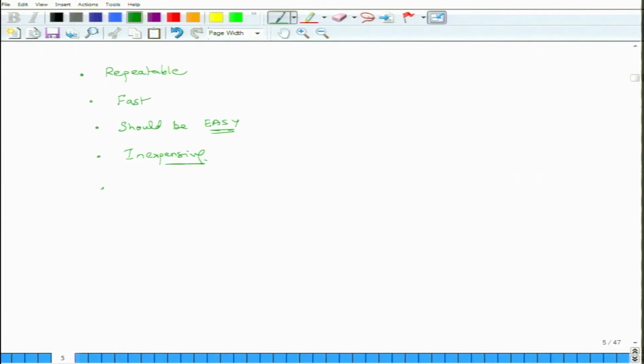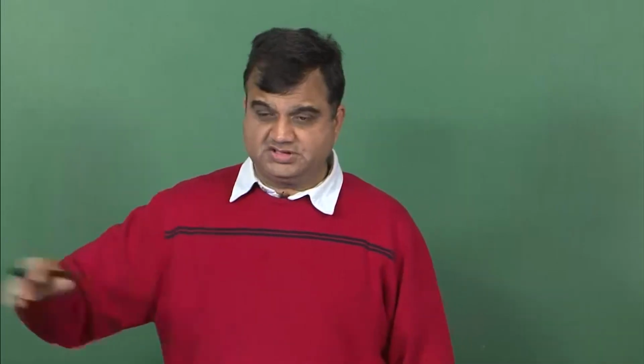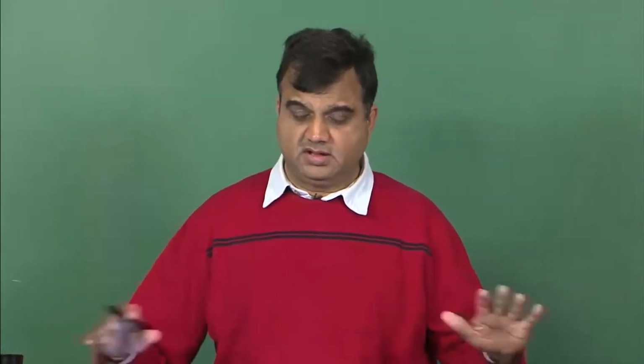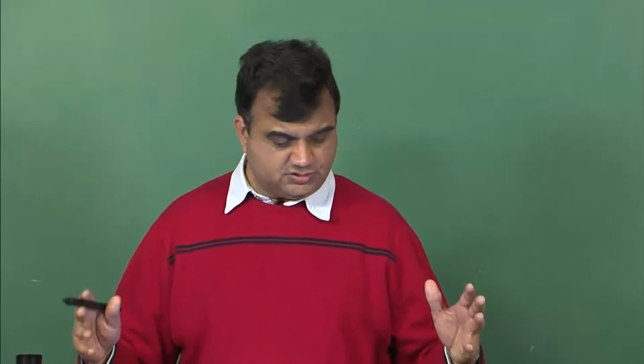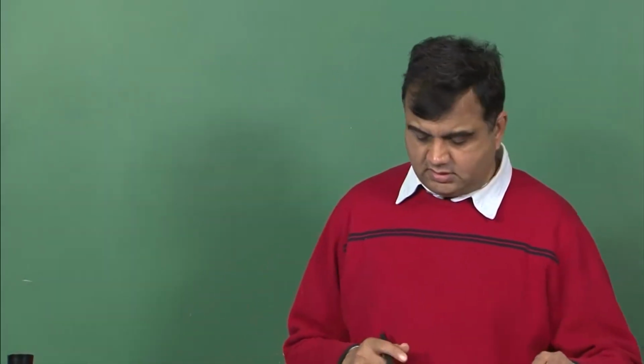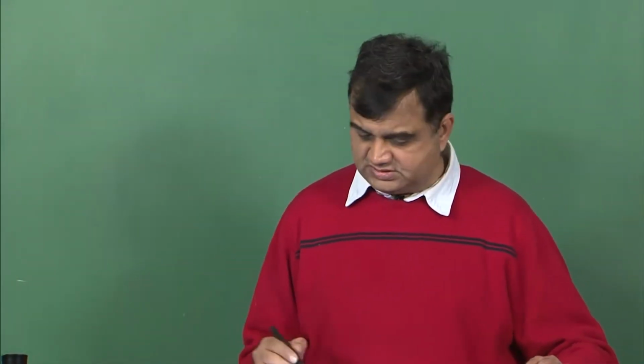The last thing is that the surface finish should be of high quality. You do not want to see fibers or rough surfaces on composite structures. You want them to be smooth, nice looking, aesthetically appealing surfaces.